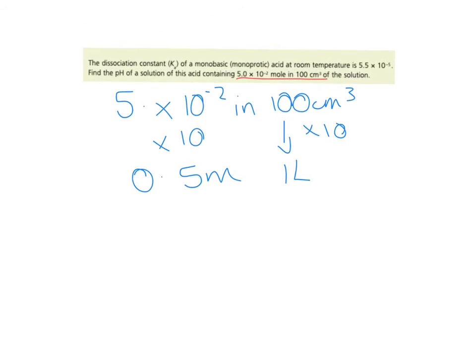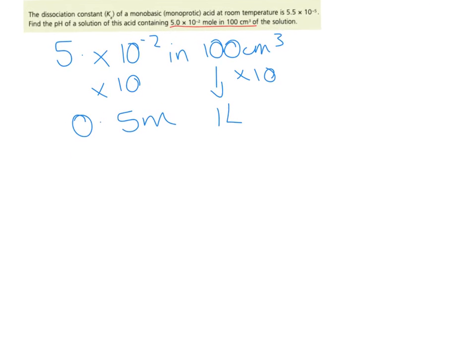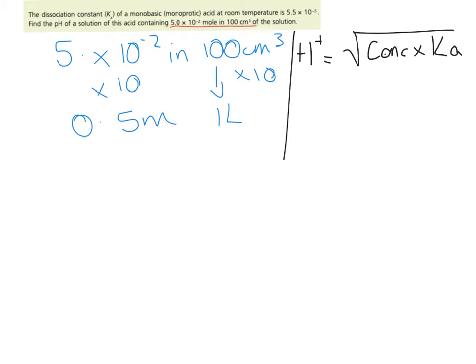So then we can start to calculate my H plus ion concentration. So don't forget, H plus ion concentration is equal to the square root of my concentration or my molarity multiplied by my Ka. In this instance, that's 0.5 multiplied by 5.5 by 10 to the minus 5.